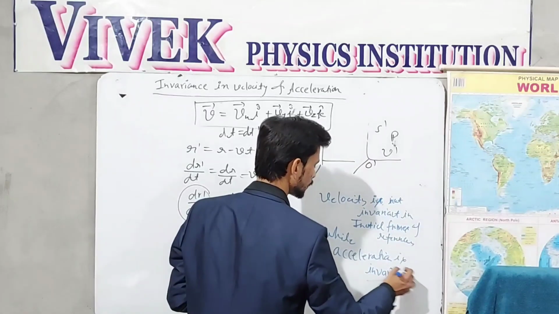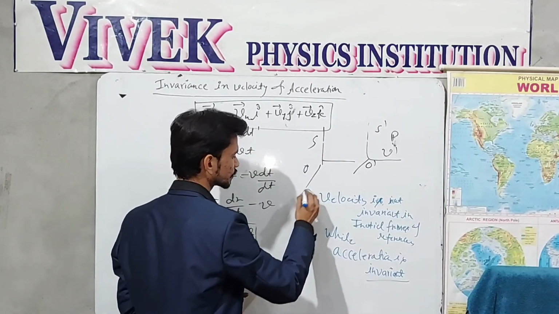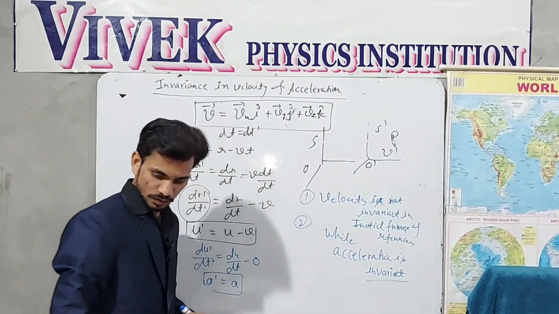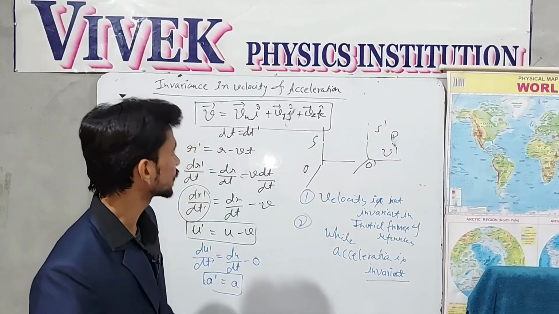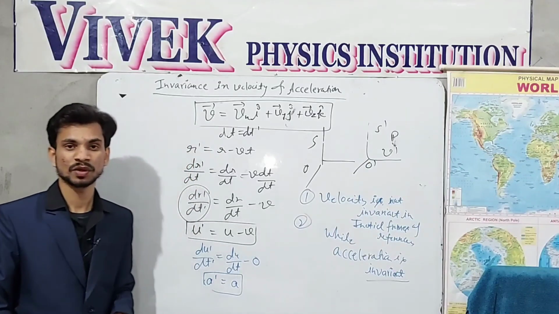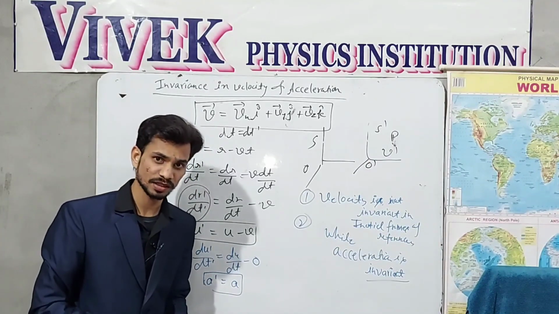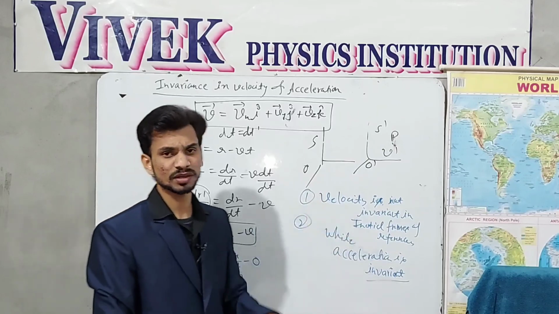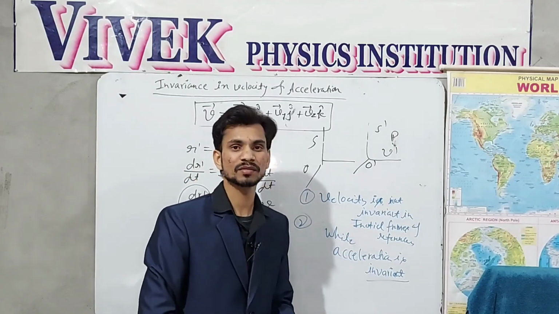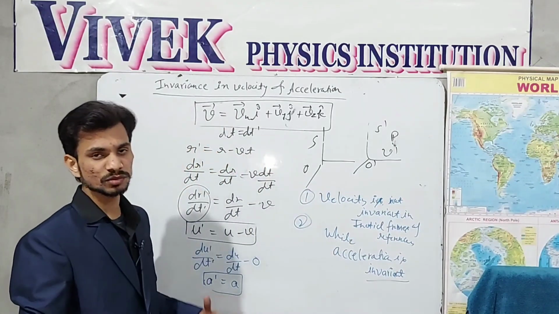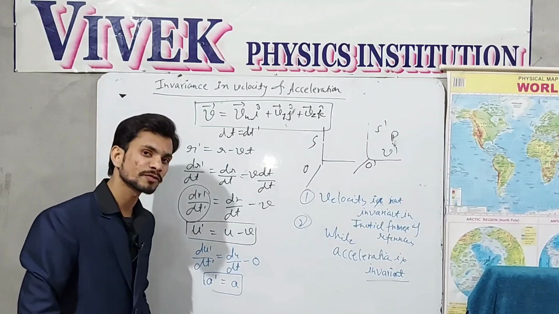So you must remember these two things whenever you come across the invariance or invariant in relativity. Velocity is not invariant, but acceleration is invariant in two kinds of inertial frames of reference.